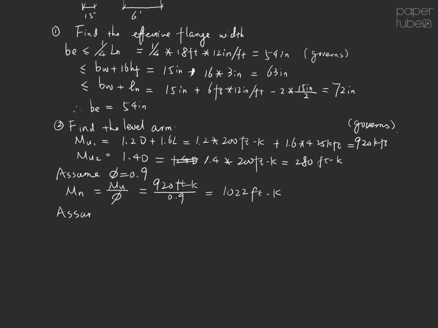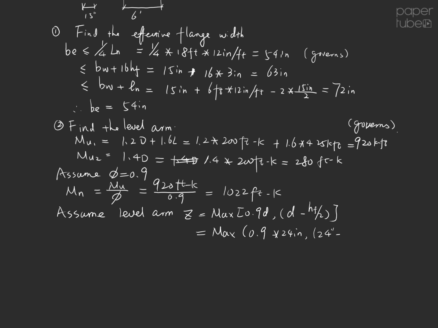We can assume our moment arm as what we did before, as the maximum of 0.9 D and D minus HF divided by 2. If you put those numbers in, that is the maximum of 0.9 times 24 inch and (24 minus 3 inch) divided by 2. The maximum of those two, the maximum of 21.6 inch and 22.5.